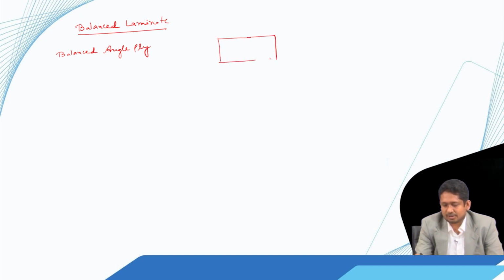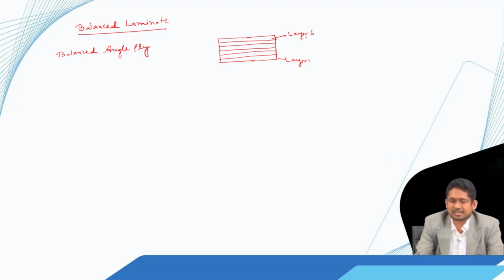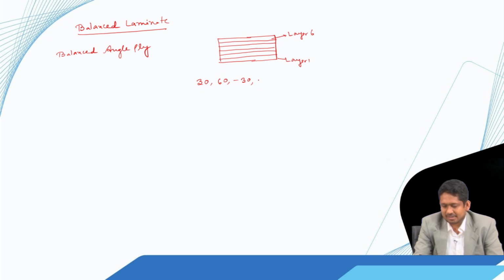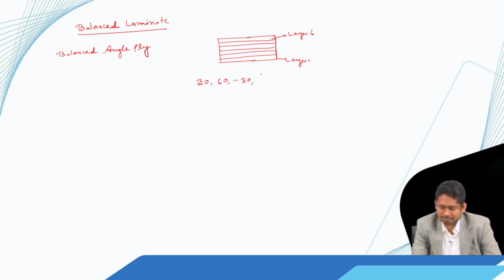If we again look at a laminate like this, and let us say that this has a total of 6 layers, so we have layer 1 to layer 6, and if we arrange them in this way, we have 30, then say we have 60, then minus 30, and then let us suppose again 30 and then minus 60 and then minus 30.